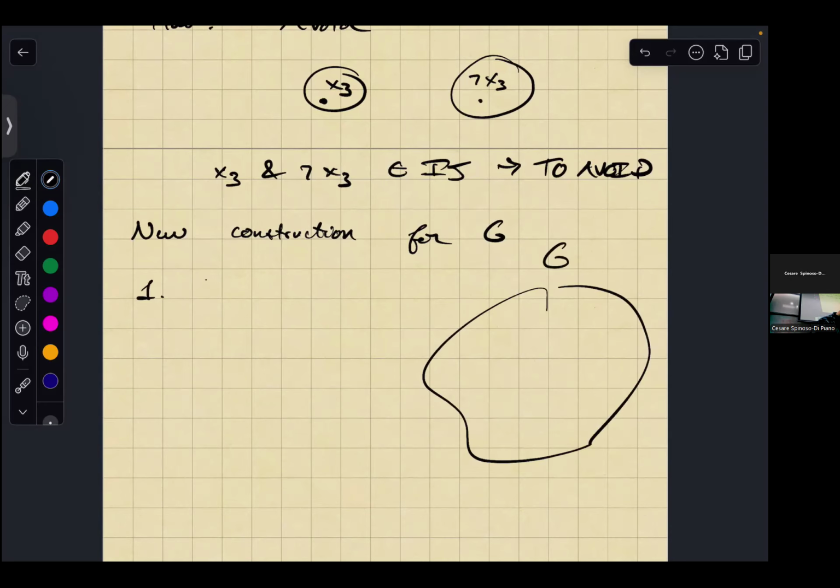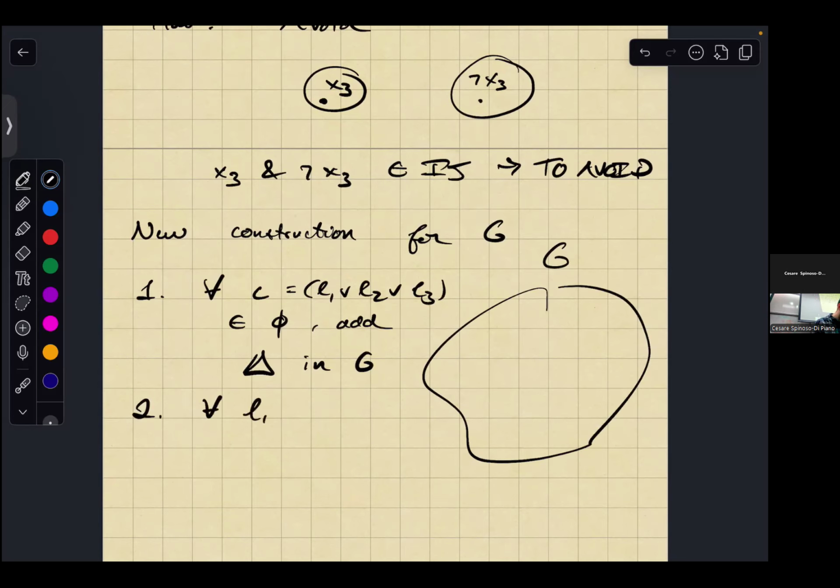So for every clause L1, L2, L3 in phi, add a triangle in G, or a 3-clique, but it's fun to call them triangles. And then the second thing is for every Li, not Li in G as vertices, add an edge between Li and not Li, right?